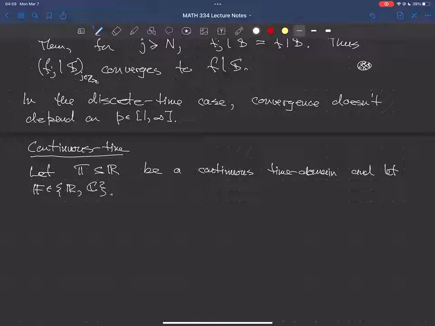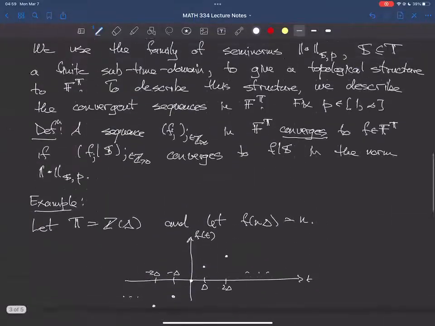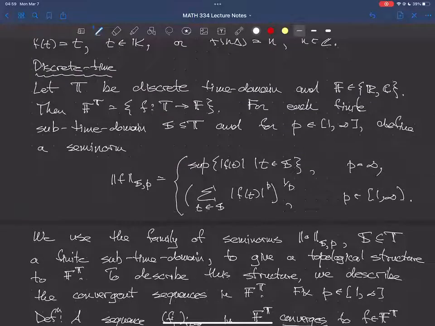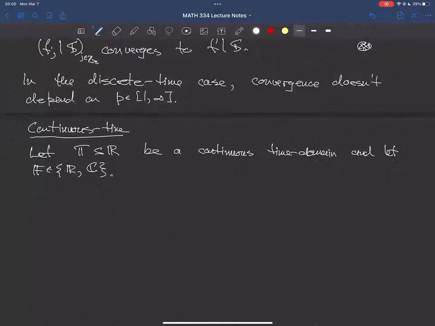Now, what are the kinds of signals that we would like to be able to talk about convergence of sequences for? In the discrete time case, it was all signals. Well, we know we're not going to be able to work with this space in the continuous time case. But we're going to work with adaptations of the things that we're familiar with. And what are those? Those are continuous signals and LP signals.